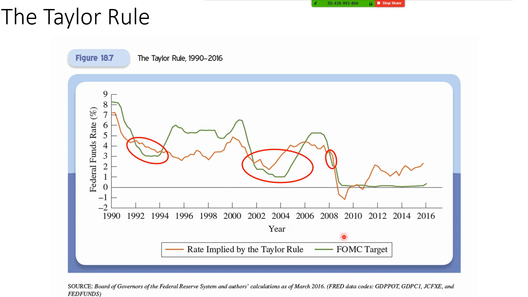So we can see from this slide I have time in years on the x-axis and the federal funds rate on the y-axis. And we can see, it starts in 1990 and clearly there's something to the Taylor rule. It starts in 1990 at nearly the actual FOMC target. It declines into about 1994, so they both do.